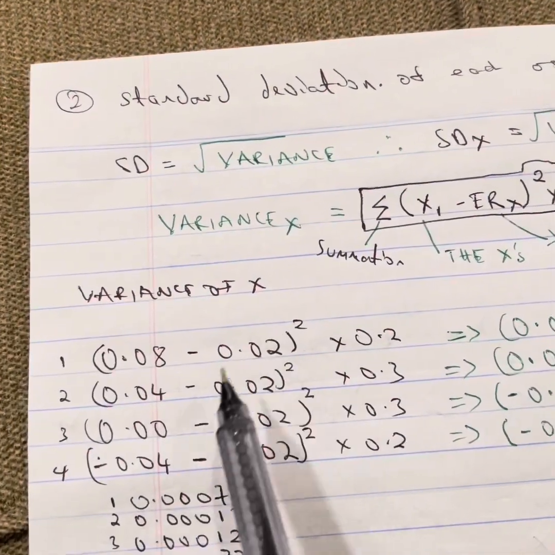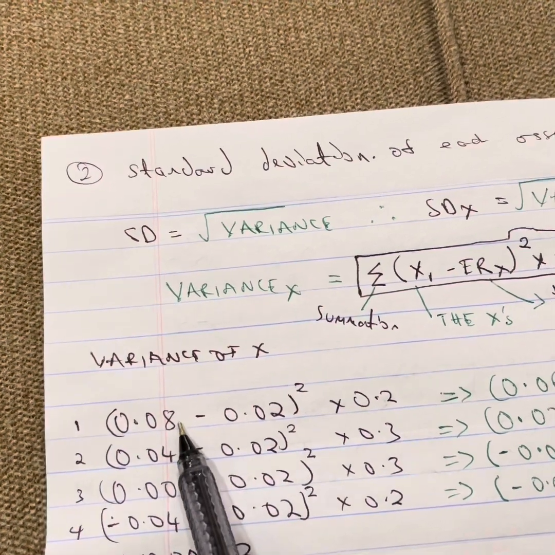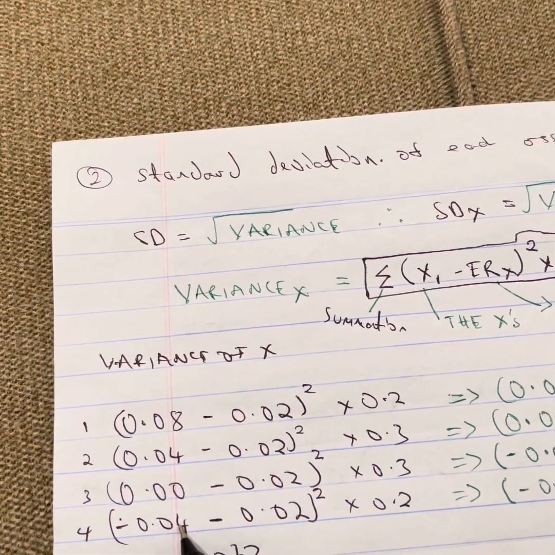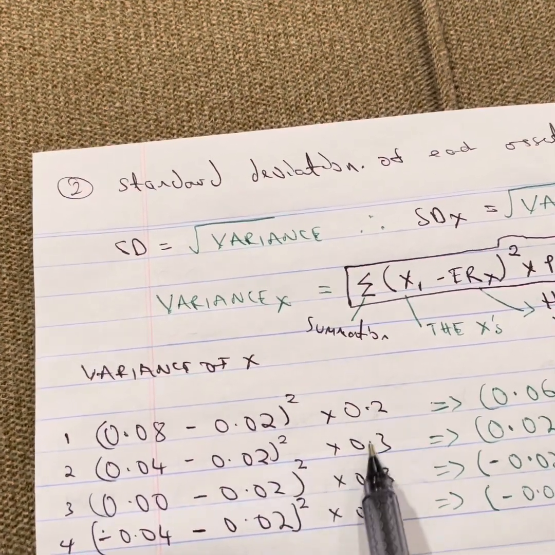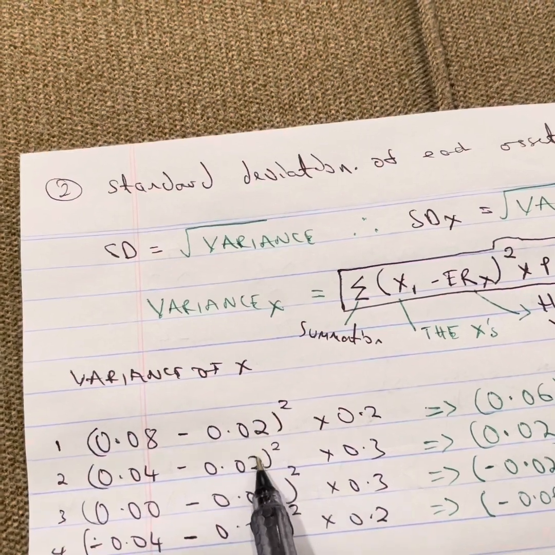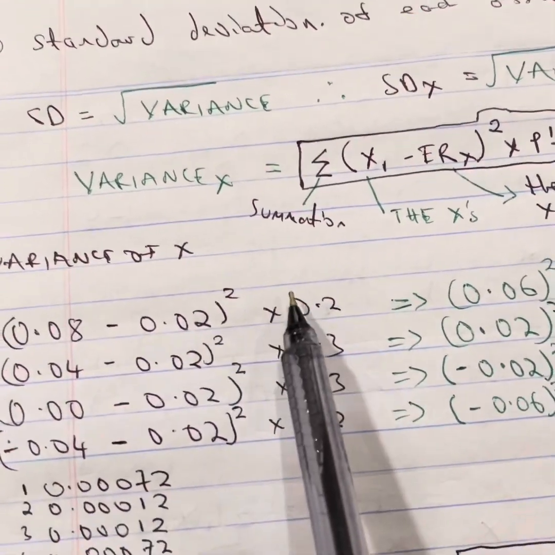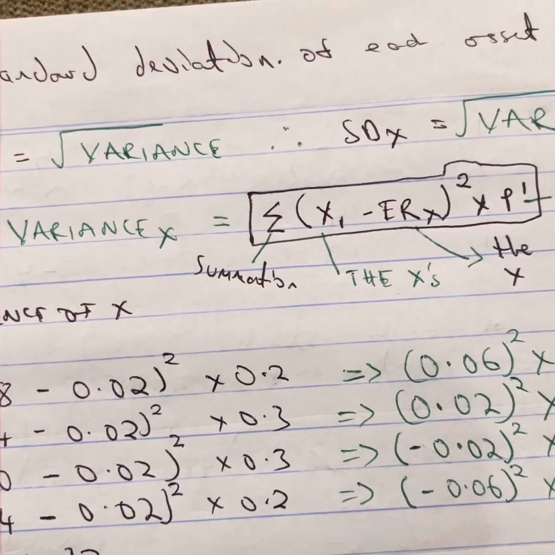So for the variance of X, we have 0.08, which is the first X value. This is the second X value, third, and then so on. And then these are the probabilities. Remember, we squared them, multiplied by these are the expected returns. Sorry, that's of X. We square them, and we multiply by the probabilities here.